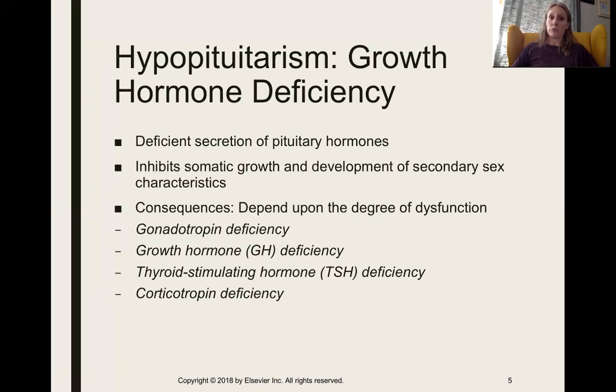We might see growth hormone deficiency, which is going to relate to stunted growth. We could potentially see thyroid stimulating hormone deficiency, which is going to result in hypothyroidism, or the corticotropin deficiency, which is really going to give us some adrenal dysfunction, specifically adrenal hypofunction.